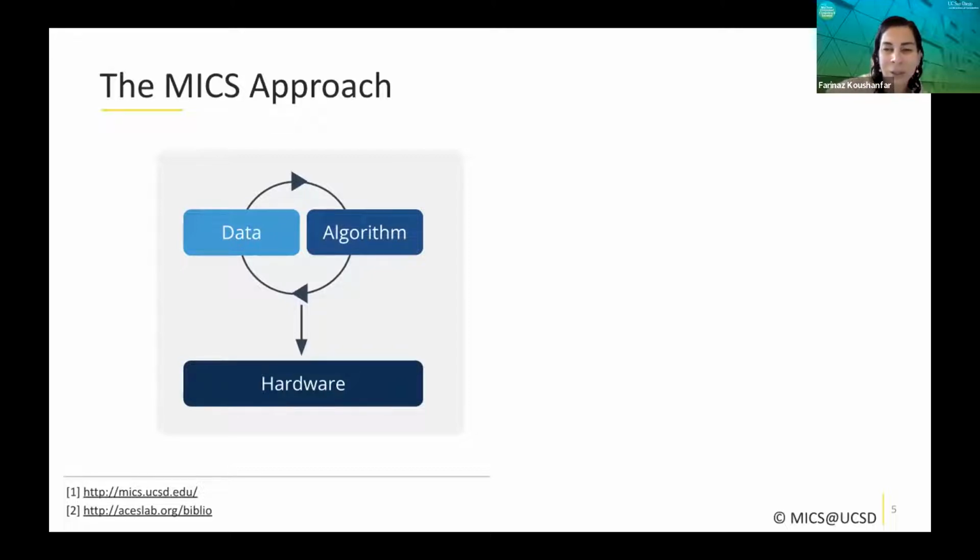This is ES week, so I assume people are interested in embedded devices. If you're integrating them into embedded devices, then this mapping of the data and algorithm has traditionally been done in a separate way. People who were working on data and algorithm were really not paying attention to the architecture of the hardware, and also security often came as an afterthought.